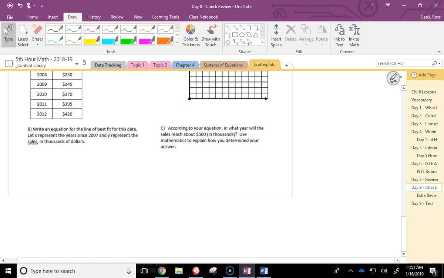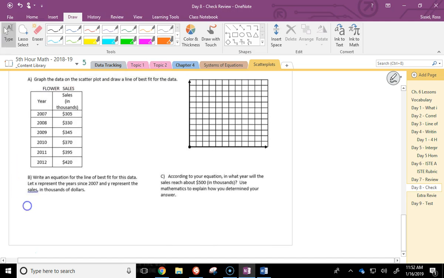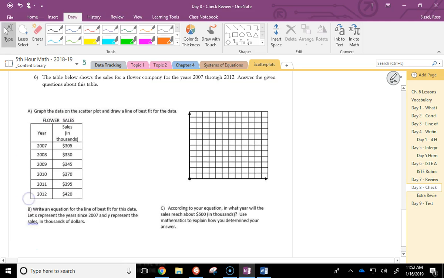C: according to your equation, in what year would the sales reach about 500 in thousands? Use mathematics to explain how you determined your answer. So because of B, when I do my x-axis, I'm going to actually say since 2007. So this first one's going to be 0.